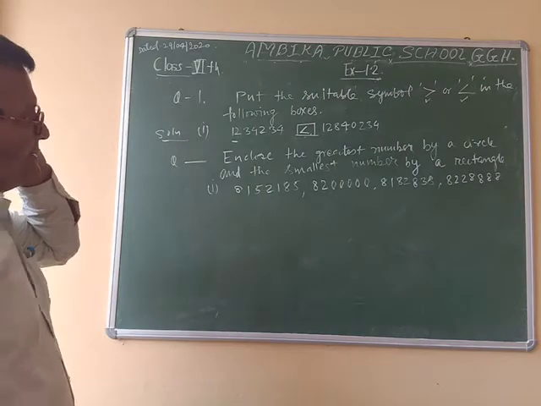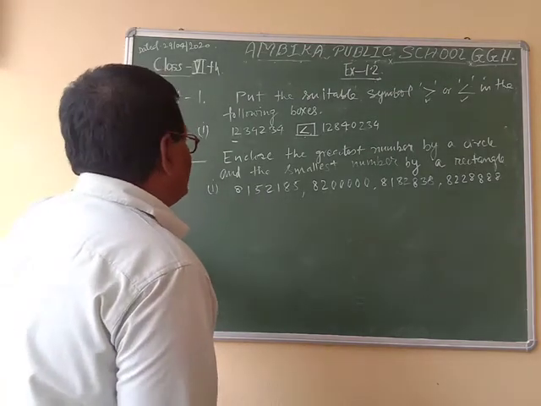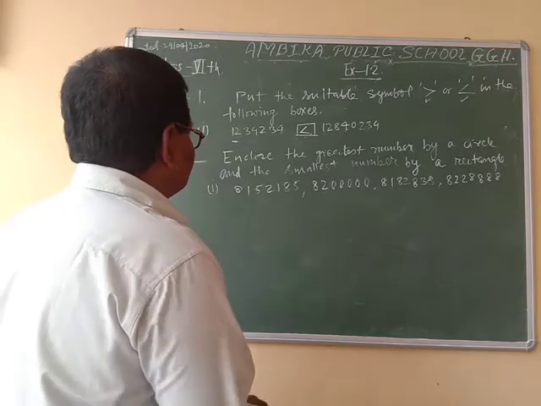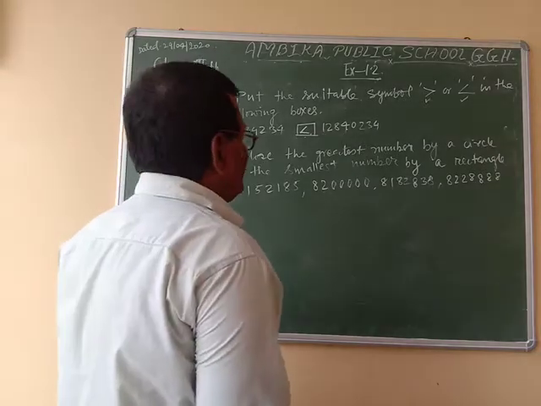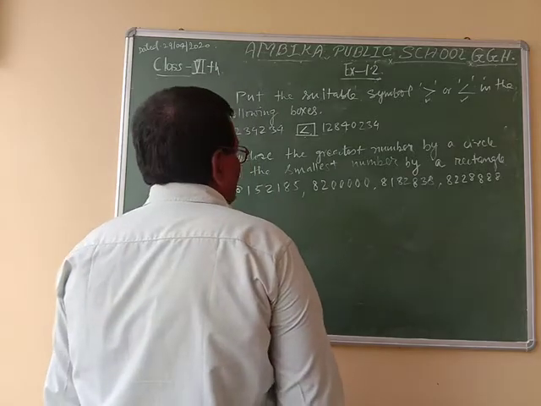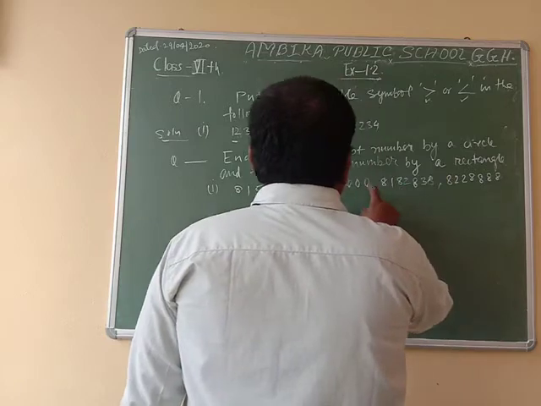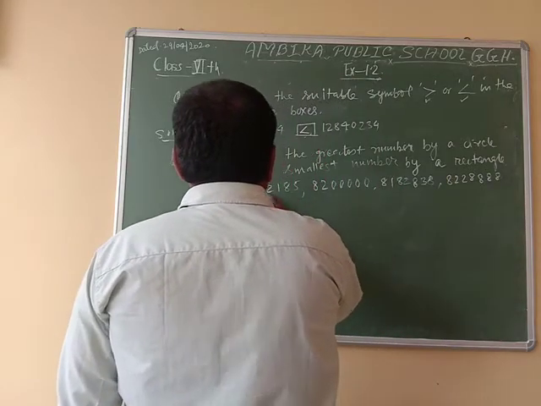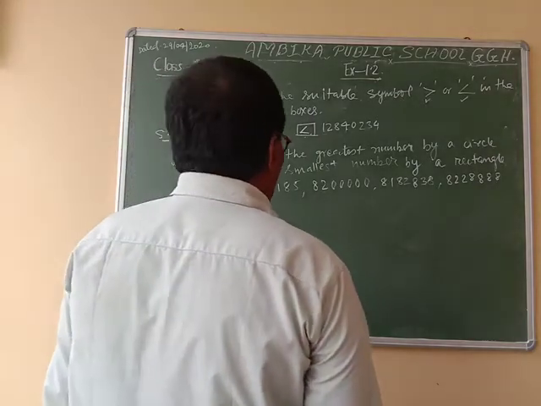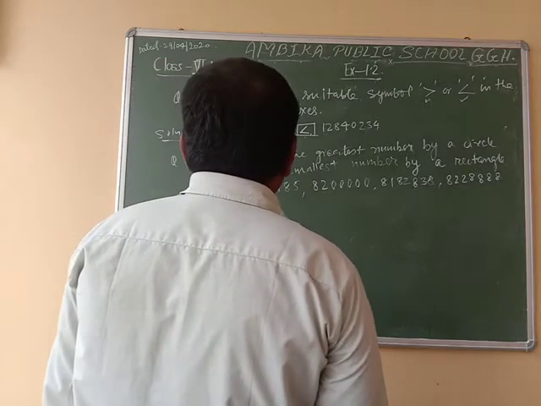In this question, we have to enclose the greatest number by a circle. We see which is the greatest and which is the smallest number. All numbers have 7 digits. Now we choose which is greatest.